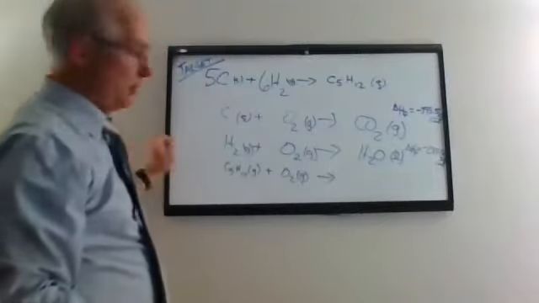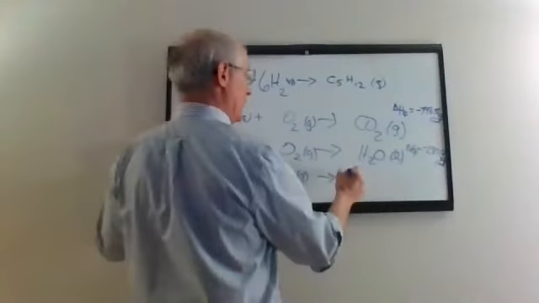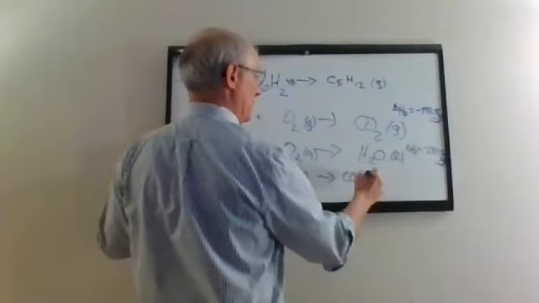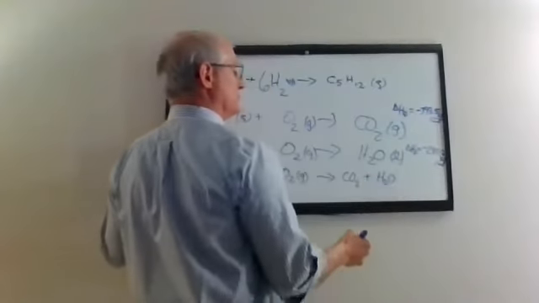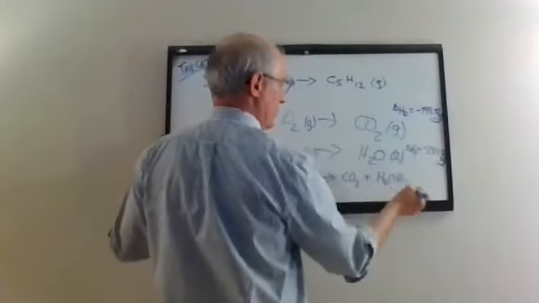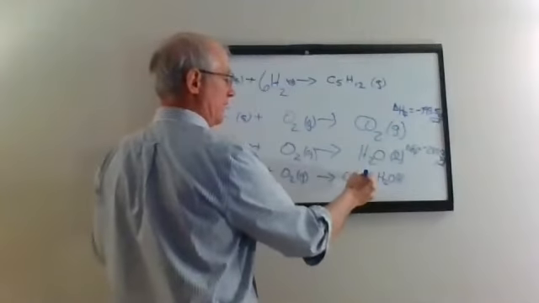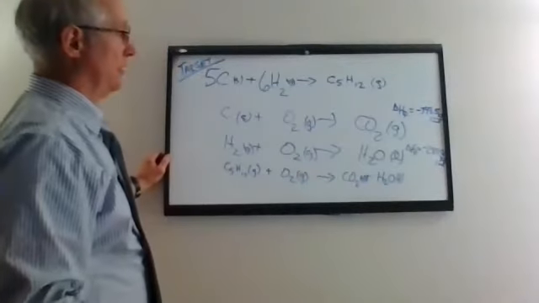Now, what do you get when you burn a hydrocarbon? Do you get carbon dioxide and water vapor? Okay, in this case, it's going to liquefy as soon as it's made, and then this is a gas. That's a gas, and that's a gas.